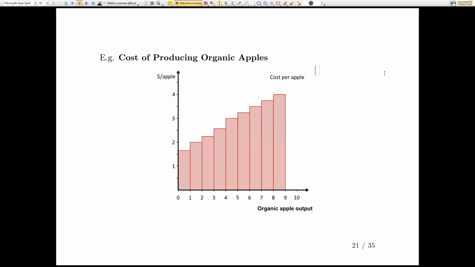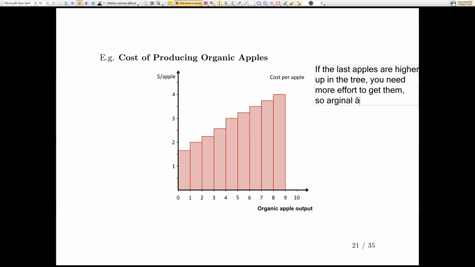An idea I can give briefly is if the last apples are higher up in the tree, then you need more effort to get them. So marginal cost is higher.